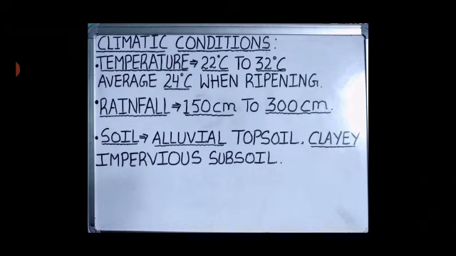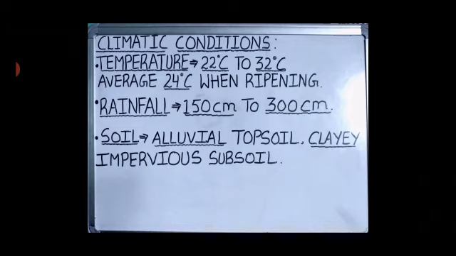It requires a rainfall of 150 centimeters to 200 centimeters, and it needs flooded fields during the early part of its growing season, and slight rain before ripening helps in increasing the size of the grains.